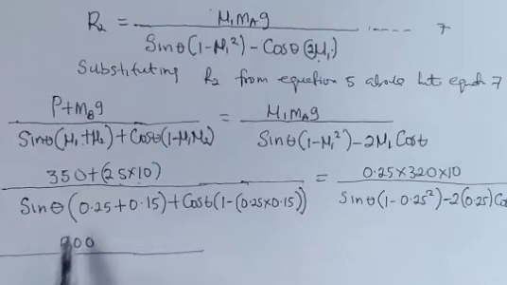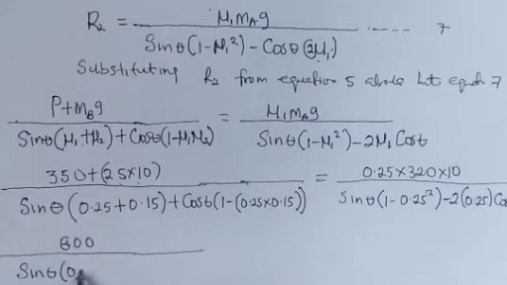sine theta in bracket 0.25 plus 0.15 will give me 0.4, plus cos theta into bracket 1 minus 0.25 times 0.15, that's going to give us 0.0375.